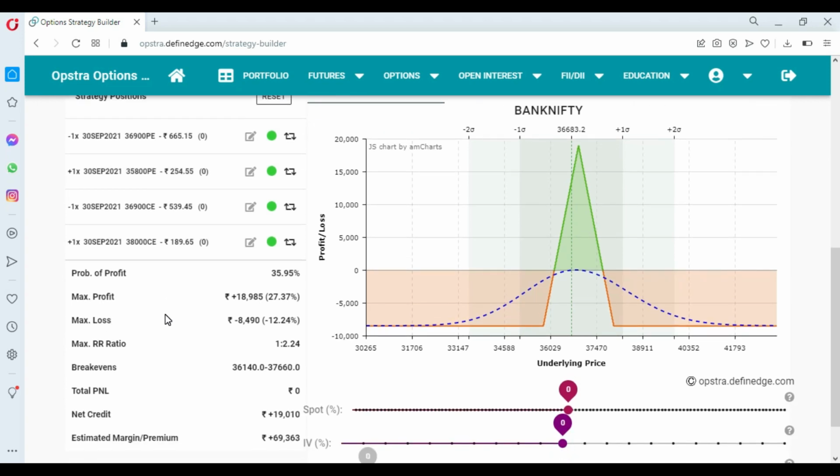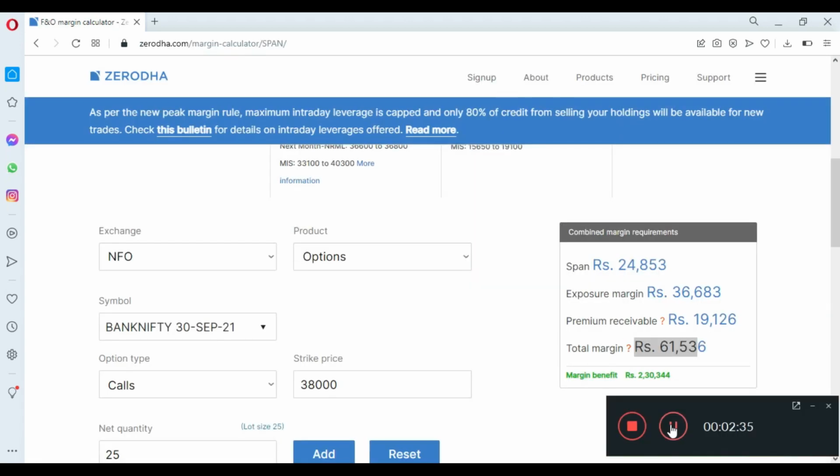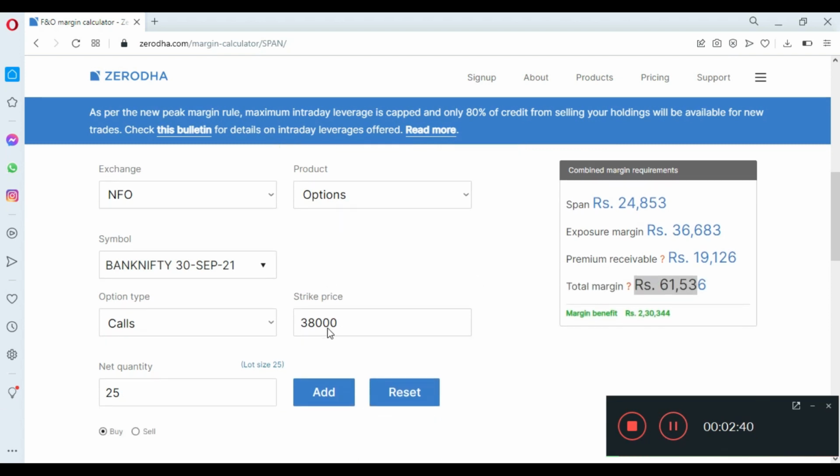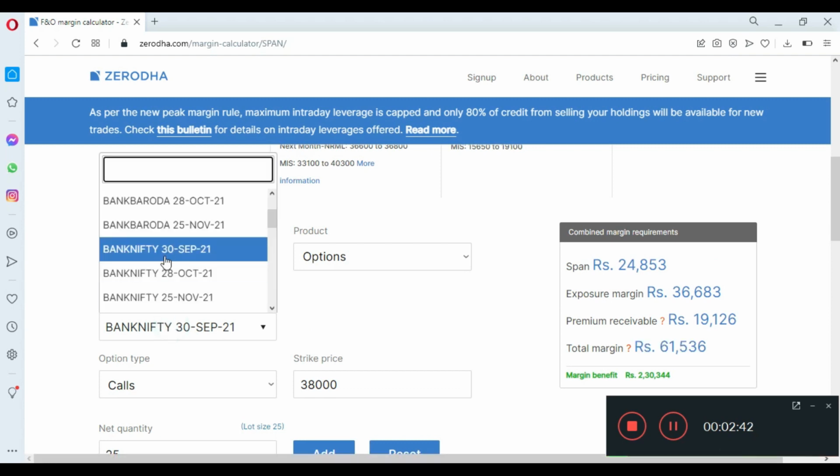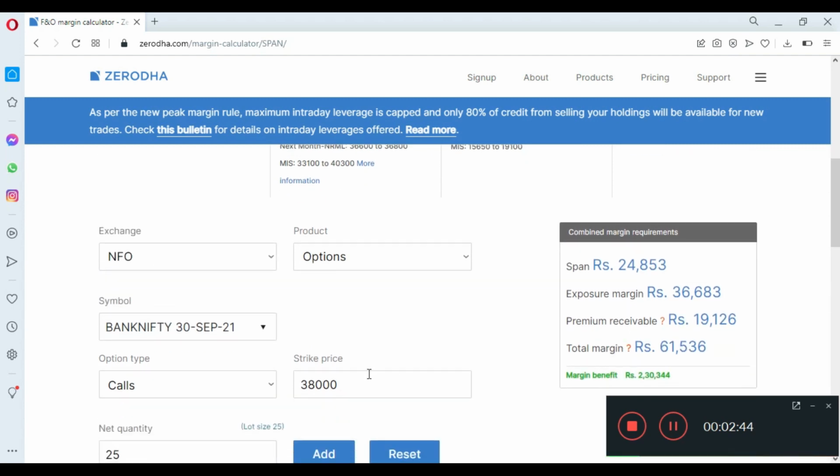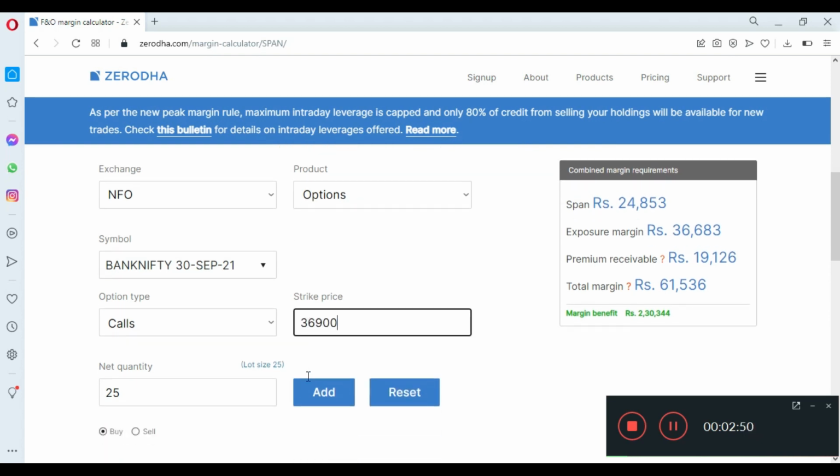So let's see in the Zerodha calculator how it looks for this particular one. So here I am in the Zerodha calculator. Here you can see, if I select Bank Nifty 30 September, and suppose I sell a 36,900 call.